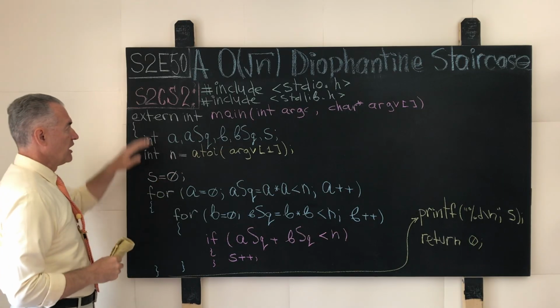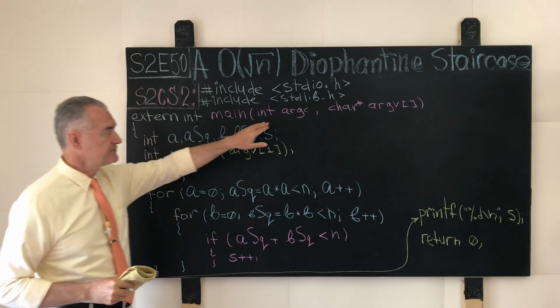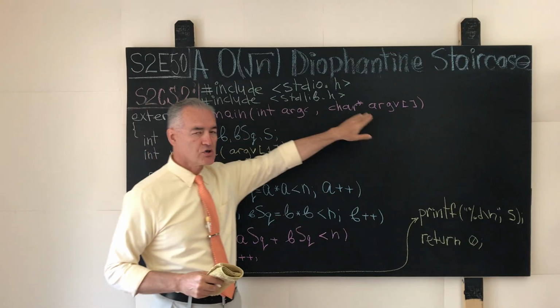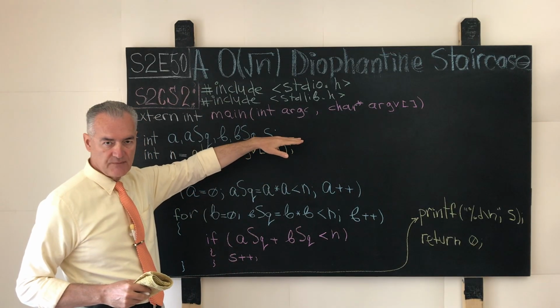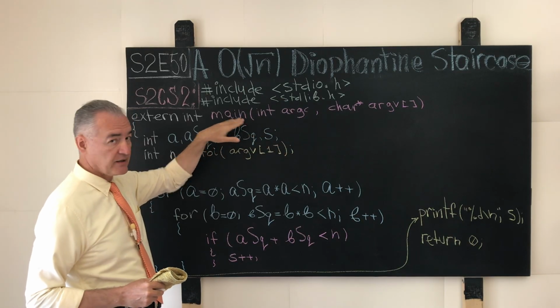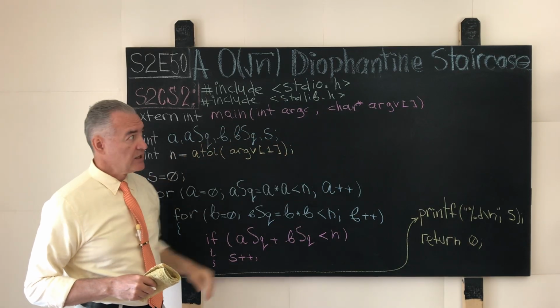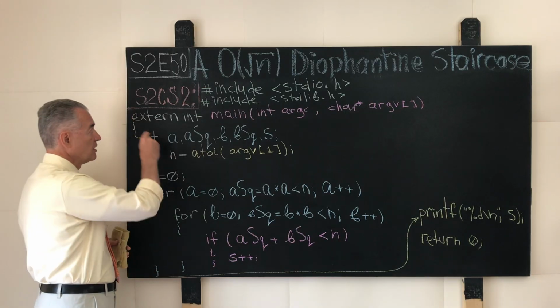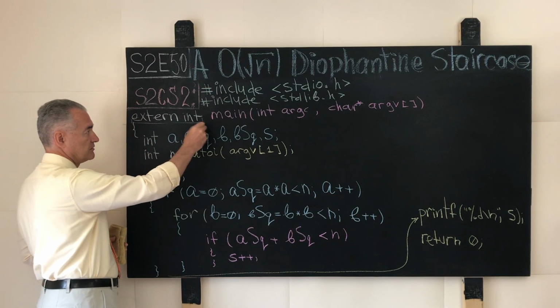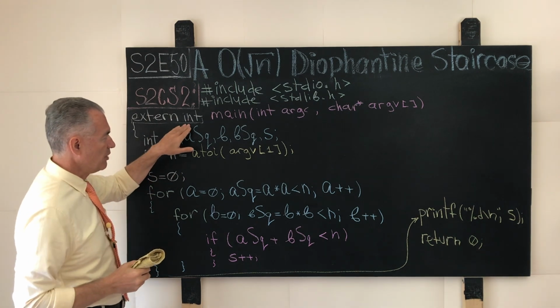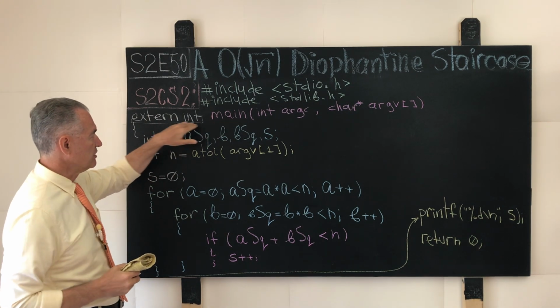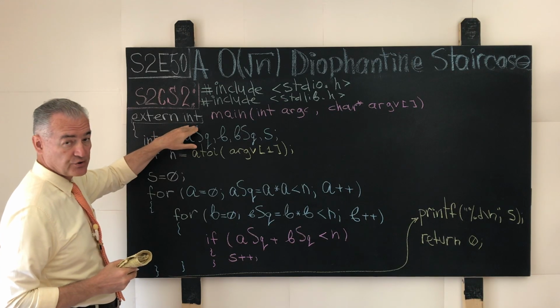Extern int main, int argc, char star argv. Again, this is the C programming language idiosyncrasy for getting an entry into the executable image in your program. This is just a way to tell the compiler that this function will be external and it will return an integer.